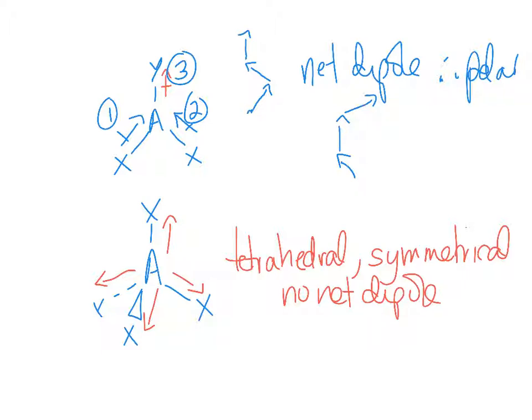Okay? So if it's tetrahedral, like CF4, CH4, symmetrical, no net dipole.